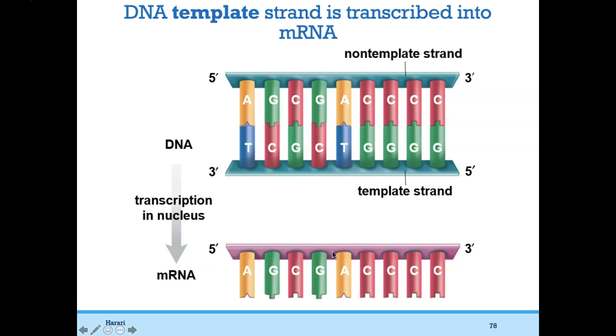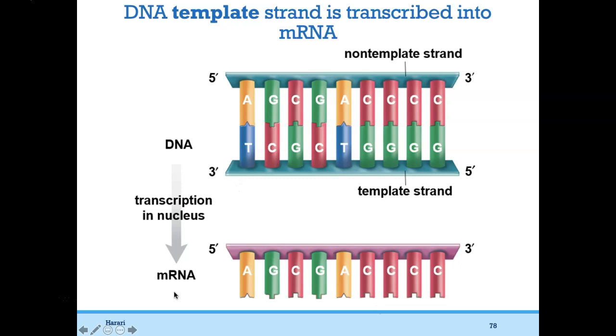So the mRNA is going to look just like the complementary DNA strand, right? So the coding strand of DNA is going to look just like the mRNA transcript. So again, you might want to pause here to make sure that makes sense to you, because it is a little confusing.